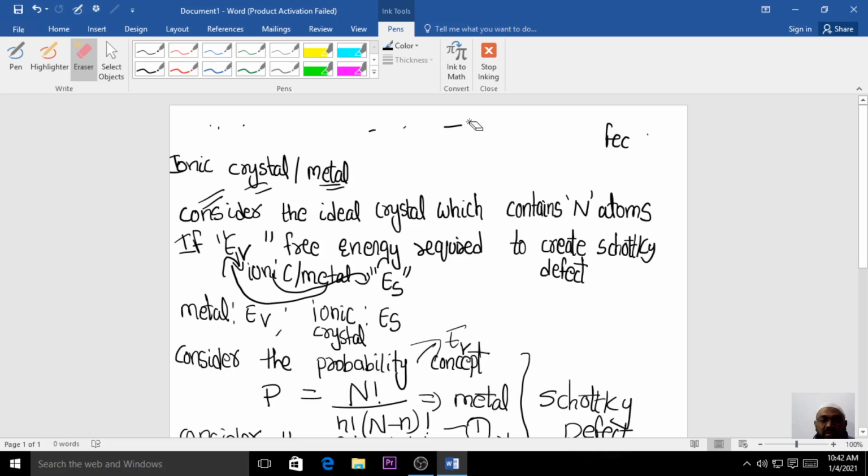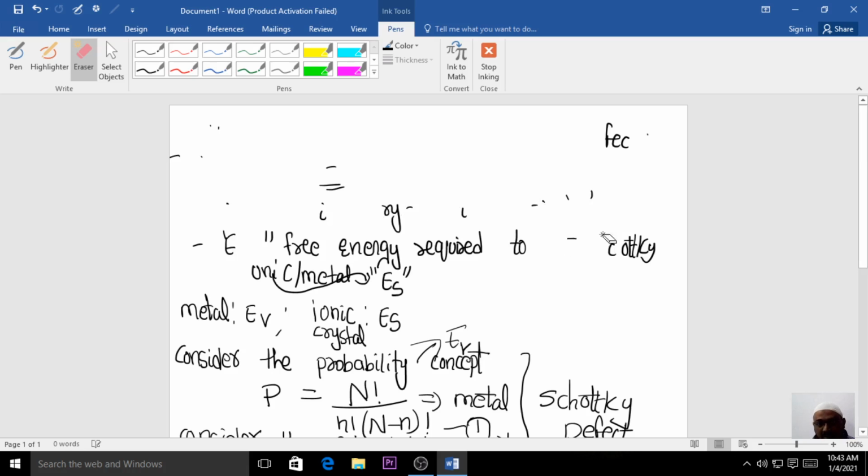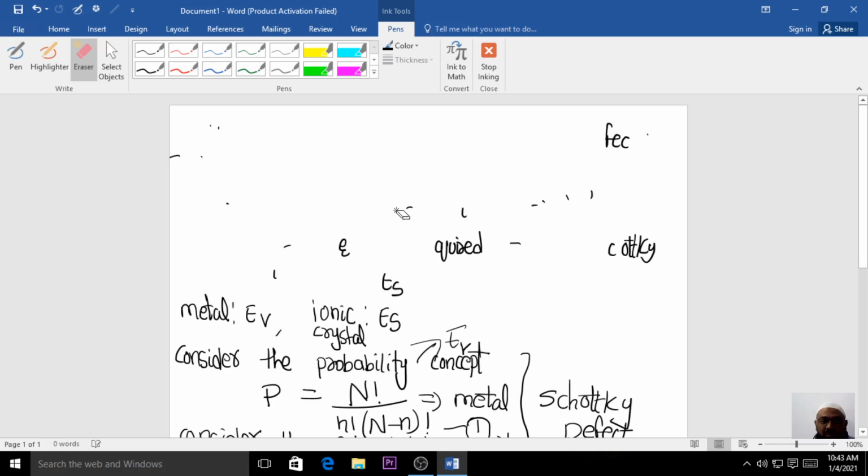Now we'll do the mathematical calculation for this. While doing this mathematical calculation, you can see the term P is equal to capital N factorial by small n factorial into N minus n factorial.